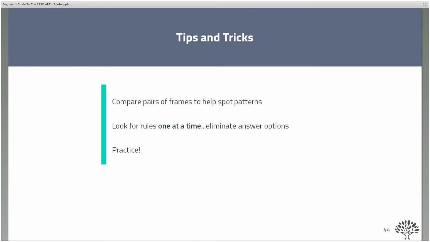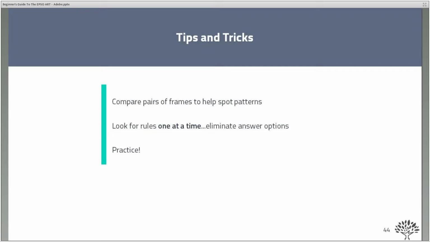Now, I've talked about this quite a few times, but compare pairs of frames to help spot patterns. So look at frame 1 and frame 2, look at the differences and see if those differences extrapolate to frame 2 to 3, 3 to 4, etc. Another thing which we talked about in the example at the beginning is, if you narrow it down to a couple of answer options, look at what differences there are between the answer options, and then try and figure out your correct answer based on that.